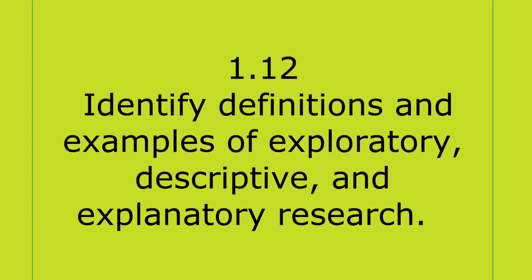So that diagram is very helpful, I think. Objective 1.12 asks you to identify definitions and examples of exploratory, descriptive, and explanatory research. Those three types of research are provided because they help explain why research is conducted, and then you're going to be asked to identify the type of research that your proposed project is going to address.